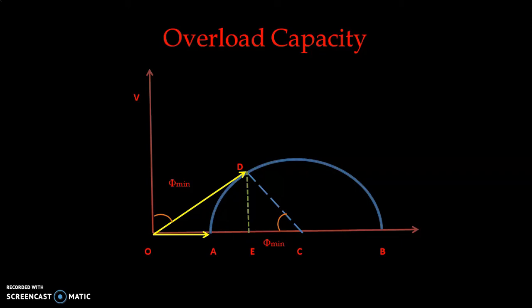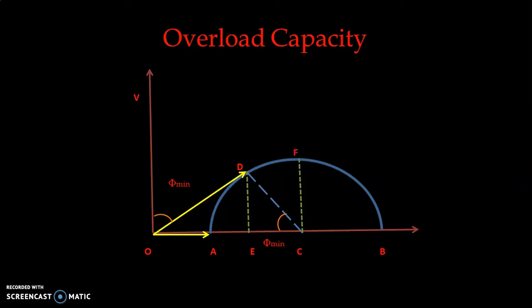Same way, for the maximum possible output power, we can draw one line perpendicular from center C. AB is a diameter of the circle diagram and C is the center. If we draw a perpendicular line from C to AB, then it indicates maximum possible output power, and that is FC.